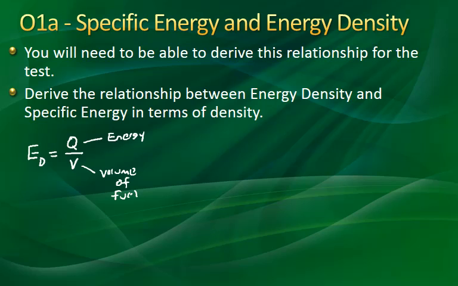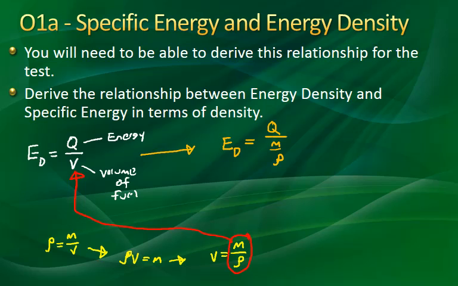You could have different units, like centimeters cubed or whatever, so just make sure that your units cancel out. We know density equals mass over volume, so we can rearrange this, and instead of volume, we could put mass over density and place that in there.